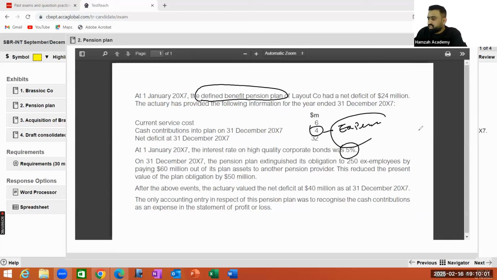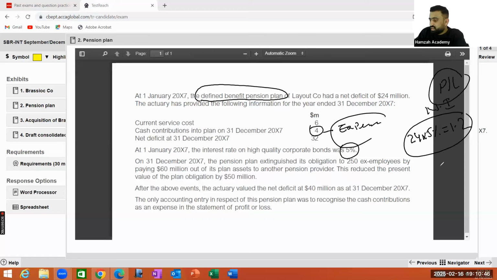So the net interest which we will recognize will be 24 into 5%, and the answer will be 1.2 million. 24 million into 5% is 1.2 million, not 12 million. 1.2 million is the net interest expense, which should be recognized in profit and loss account.